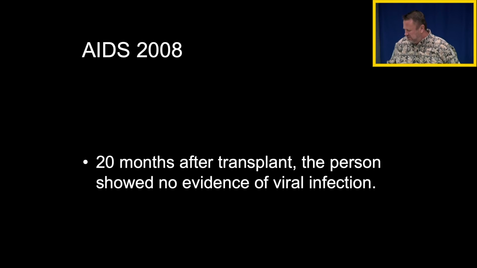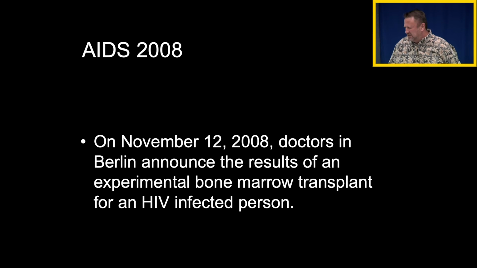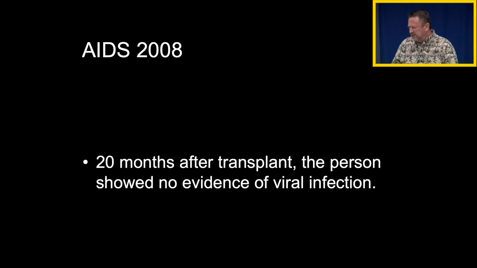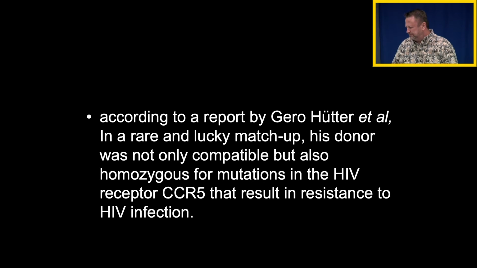But the bottom line is that bone marrow transplants are not going to be the treatment for HIV. This is just something that happened. We call it serendipitous, where it's not really a mistake, but we just kind of stumble into something and find out, wow, this is what happened. And so this person had a bone marrow transplant that essentially rid them of HIV for quite some time.